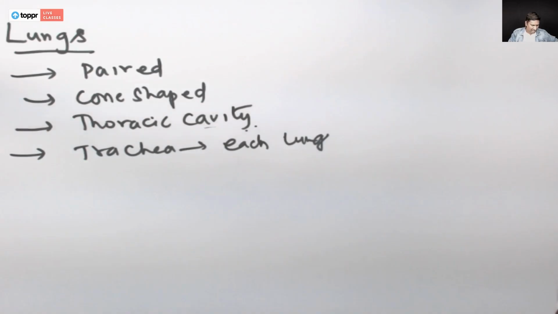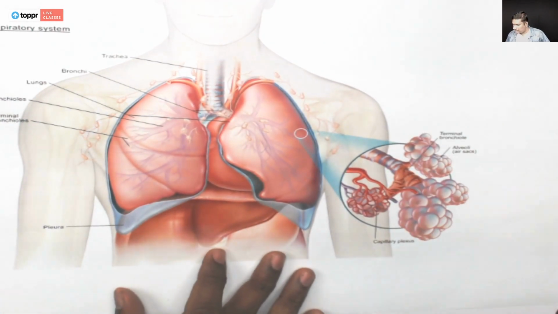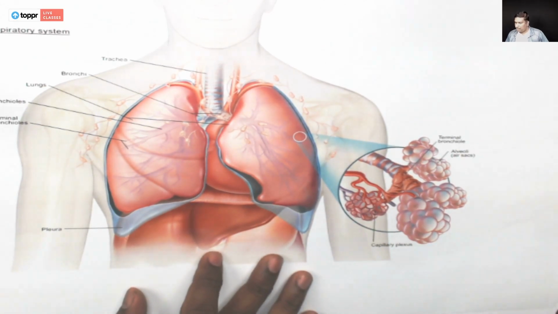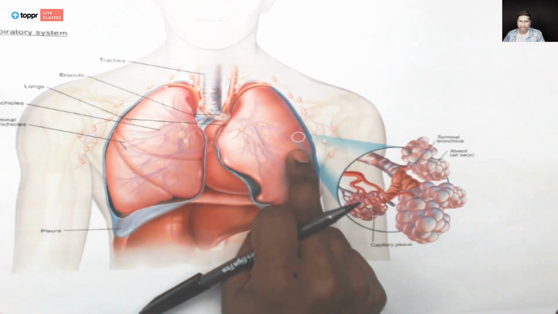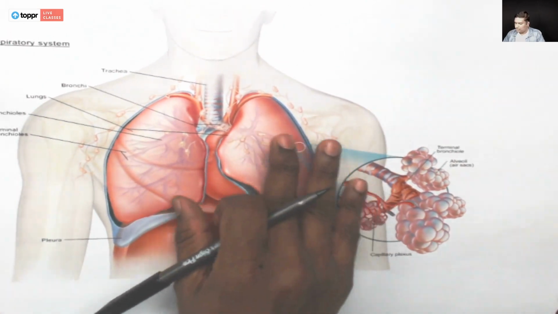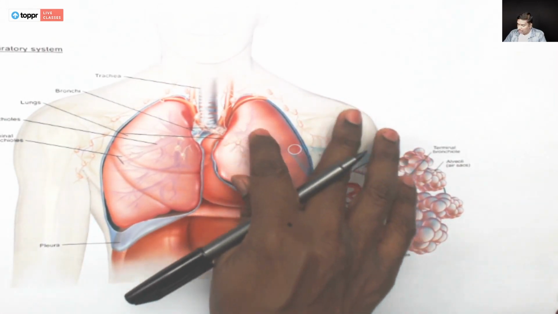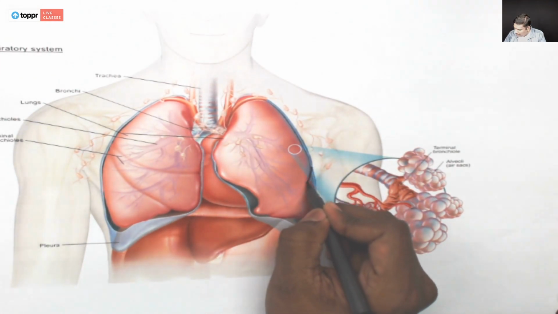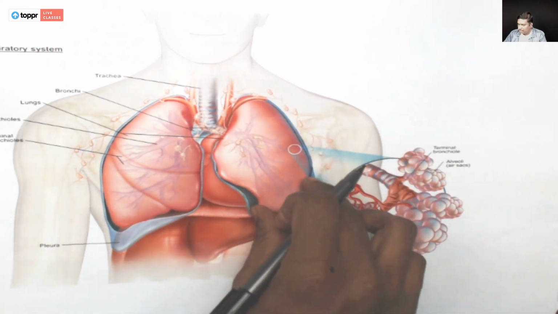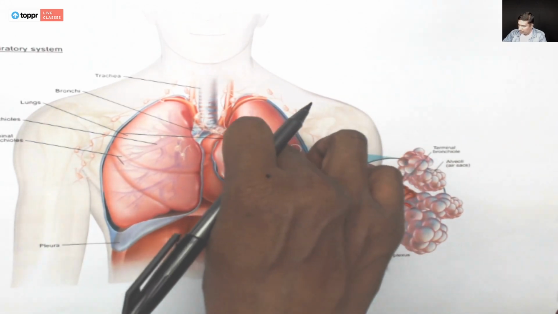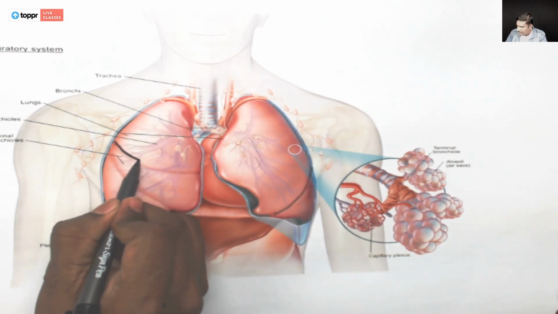Now if you look at the lung structure itself, you will see that the left lung, the left of the image, has only two lobes, one bigger lobe and one smaller lobe, but the right lung actually has three lobes.